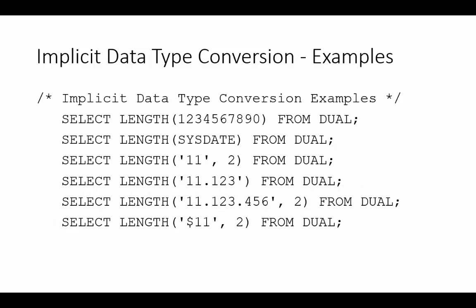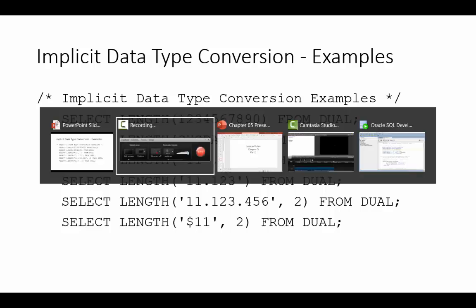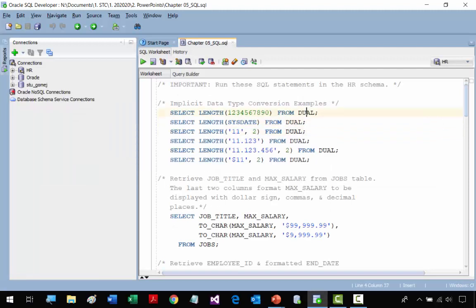Okay, here we have some implicit data type conversion examples. And we're going to go to SQL Developer to look at them. First we're going to select length. We're going to get the length of a number. This is a number because it's not encapsulated in single quotes. It's just an example, so we're getting it from the dual table.